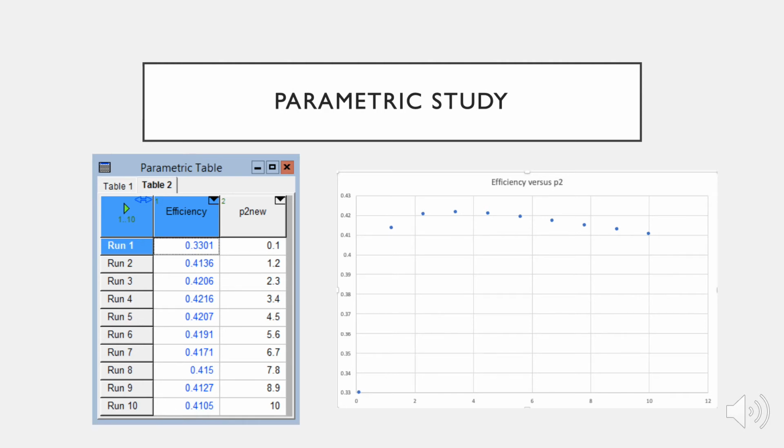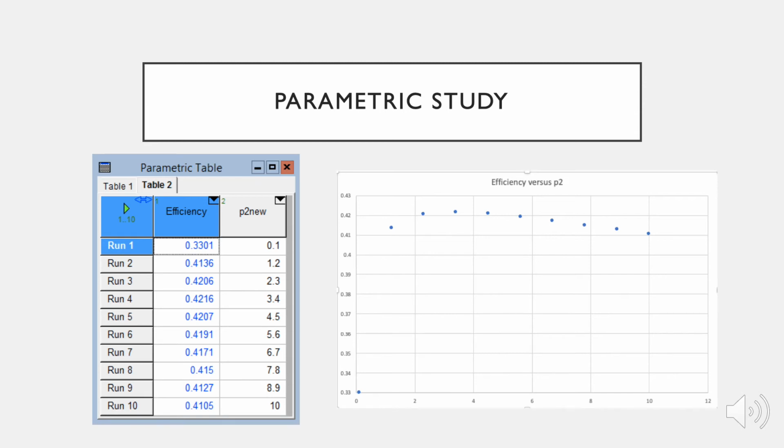Therefore, we decided to make a parametric study comparing the different values of P2, which would be our middle isobar, against efficiency. After doing some guessing and checking, we determined that the optimal value for P2 would be somewhere between 0.1 and 10 bar.